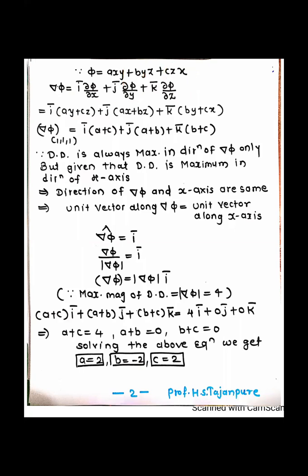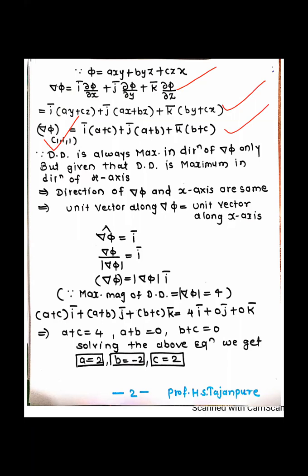Likewise you can differentiate with respect to z, you will get this term, and you have to find del phi at the point (1, 1, 1). That is, put x equal to 1, y equal to 1, and z equal to 1. You will get this vector del phi.